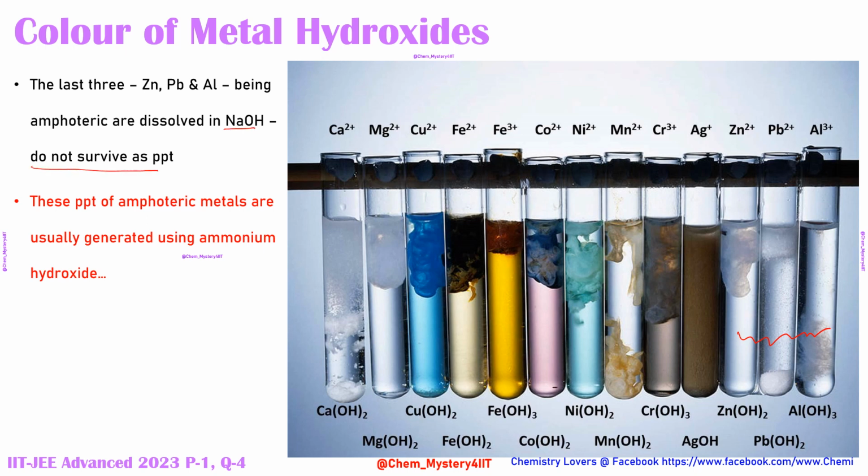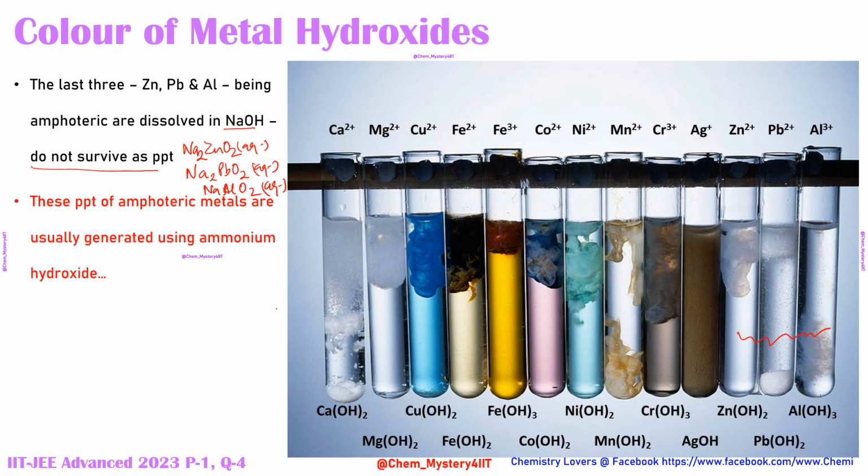When they dissolve, the first one forms sodium zincate Na2ZnO2, which is soluble in water, and the lead one forms sodium plumbite or plumbate depending upon the conditions. So Na2PbO2 can be sodium plumbite, which is soluble in water, and aluminium is known to form sodium meta-aluminate NaAlO2, which is also soluble in water. We can have sodium orthoaluminate as well depending upon the concentration of the hydroxide ions in the solution, right?